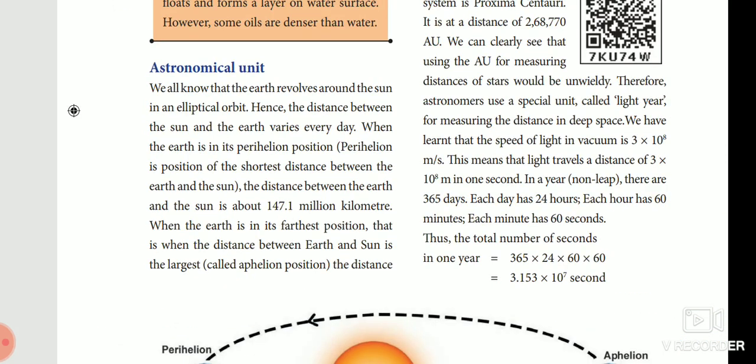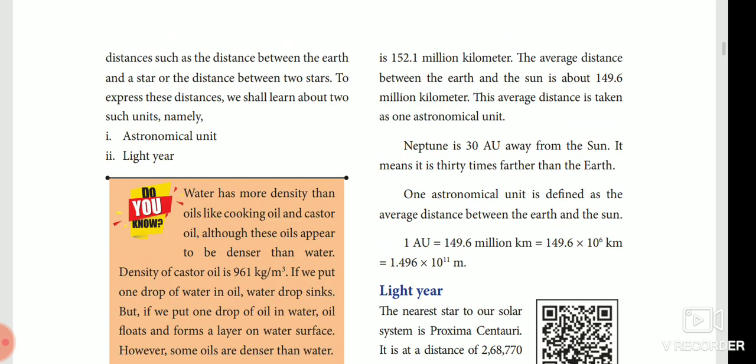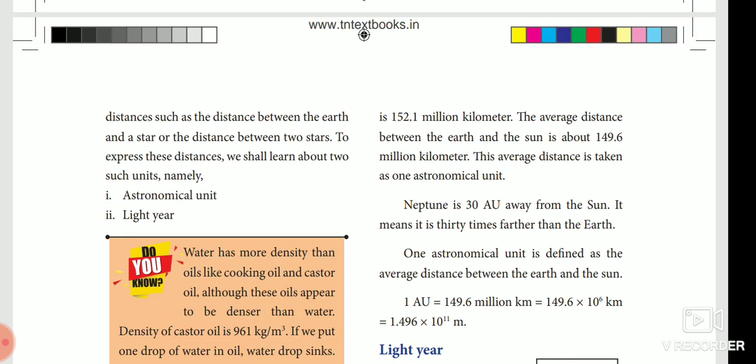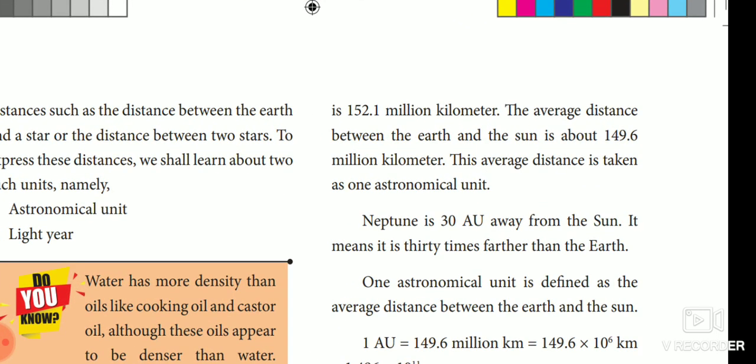So the distance is 152.1 million kilometer. The average distance between the earth and the sun is about 149.6 million kilometer. So the average distance is taken as one astronomical unit.